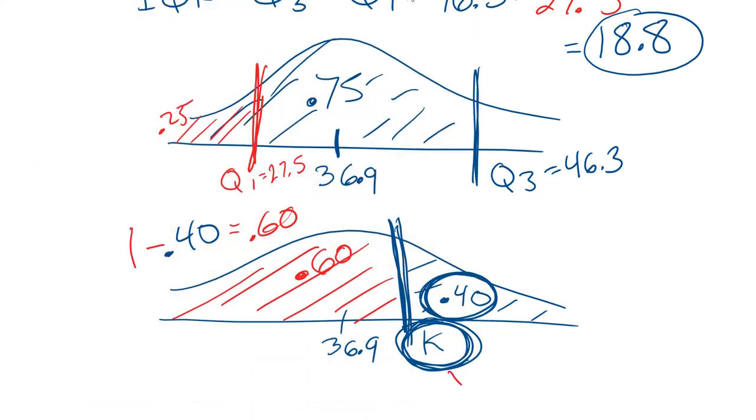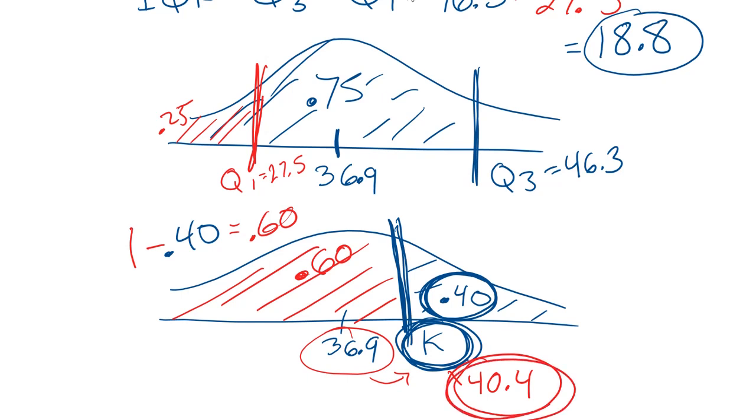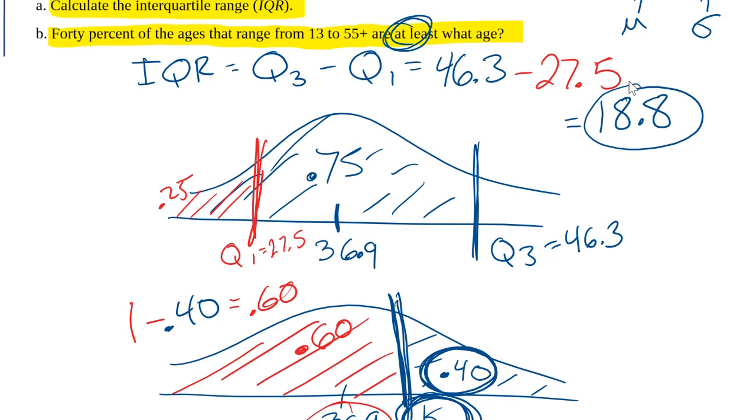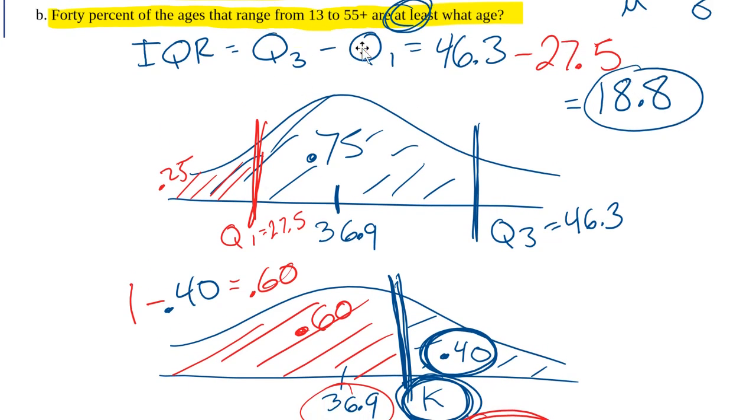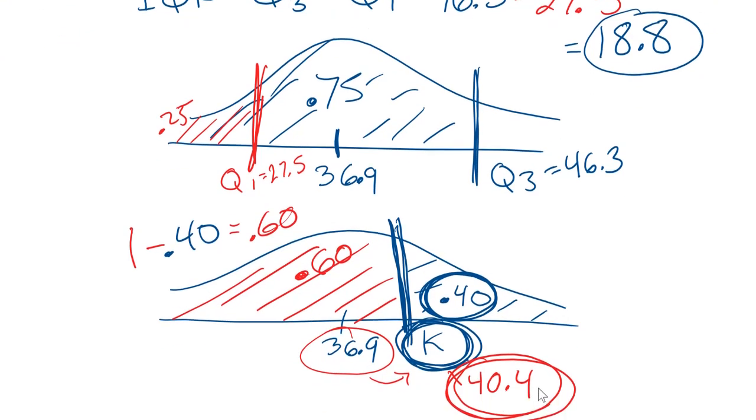So this K is 40.4, which makes sense because that's a number more than the mean. I told you it had to be to the right. Indeed, we found a number that is bigger than the mean. Good, 40.4. So 40% of ages are at least 40.4 years old.